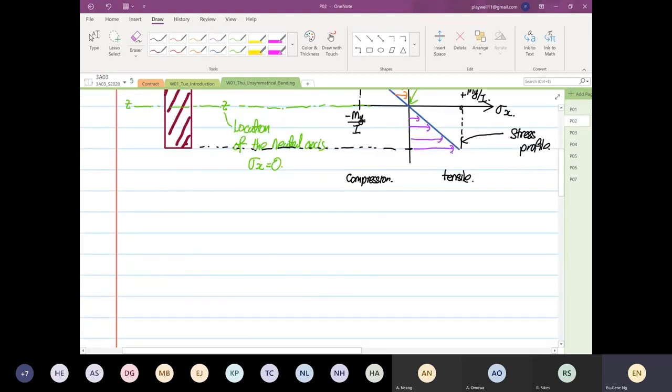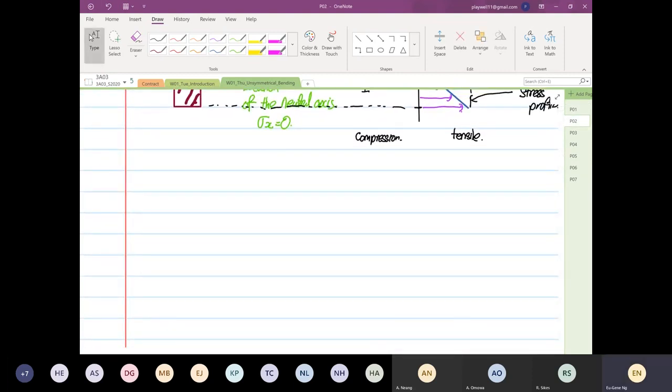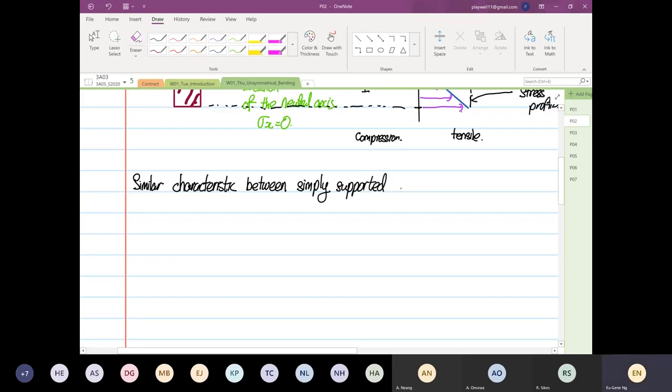So I'm going to write down here: we're going to address the similar, not the difference, characteristic between simply supported and cantilever beam.